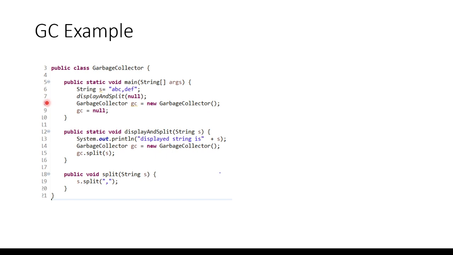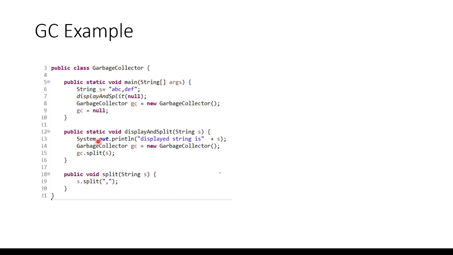When the cursor is at line 8, the execution of this display and split method is completed. It means this code will not execute again, or this block scope is completed.